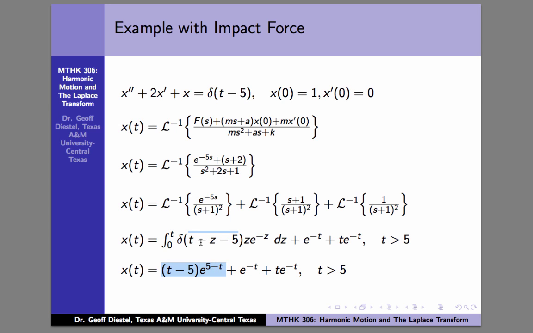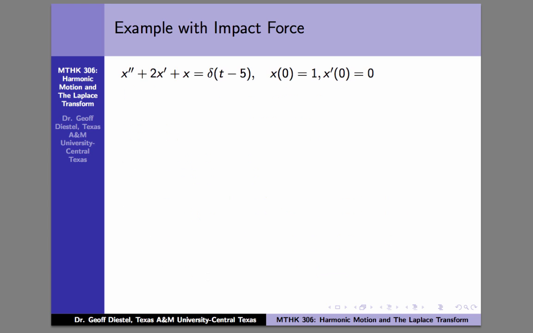So there's two parts here. The use of the Dirac distribution is allowing us to just simply write this function as the first term, but because of the t up here, which is explained in the notes, we have to restrict our attention to t bigger than 5, which again should make sense because this impact force doesn't occur until 5 seconds later or 5 minutes later, whatever time units you're using.